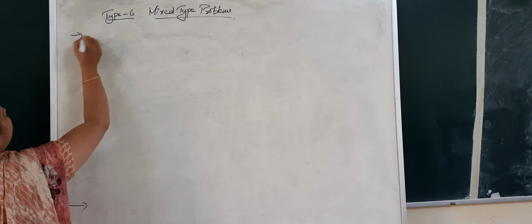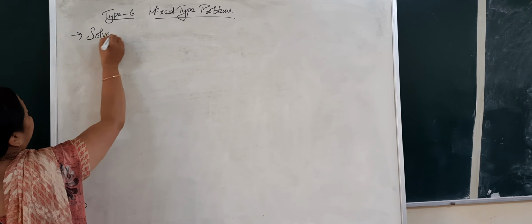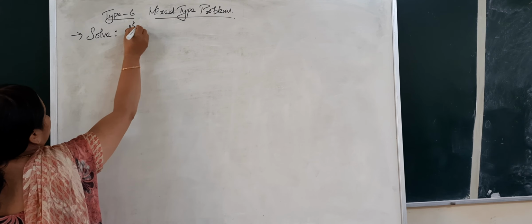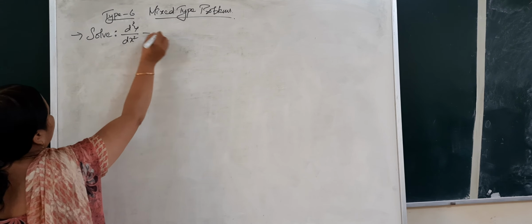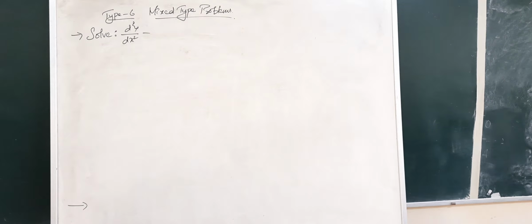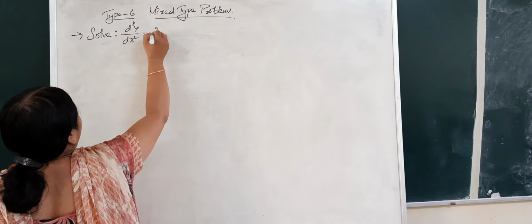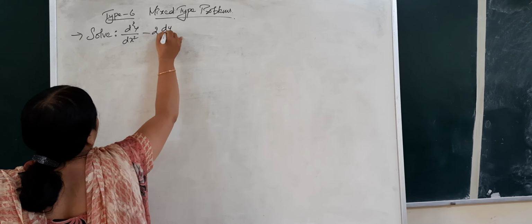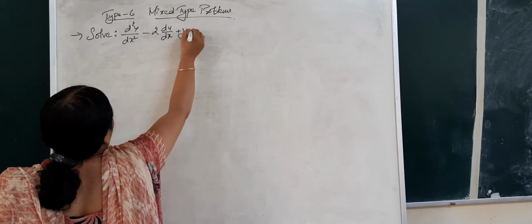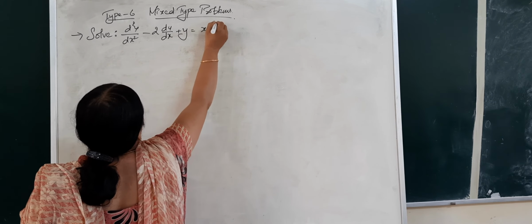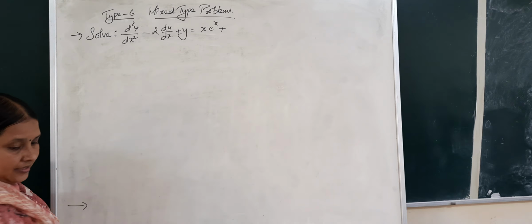So first one, the question says solve d square y by dx square minus 2 dy by dx plus y is equal to x e power x plus x.